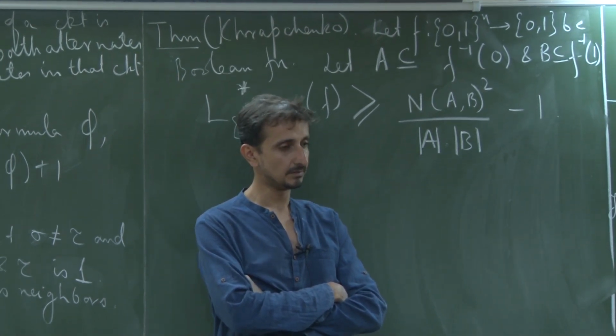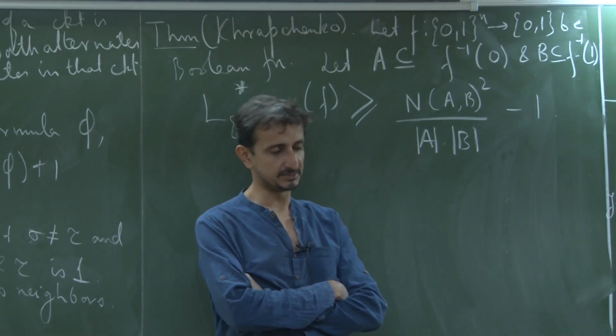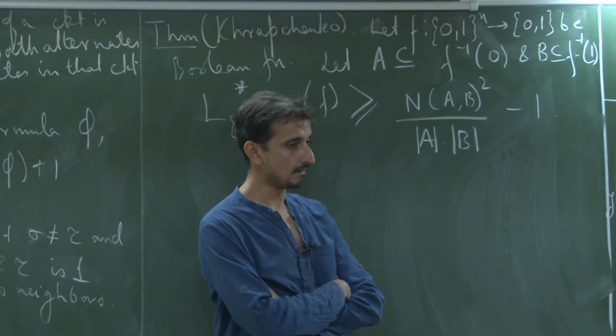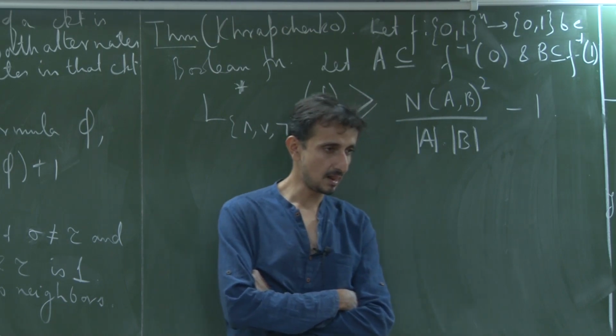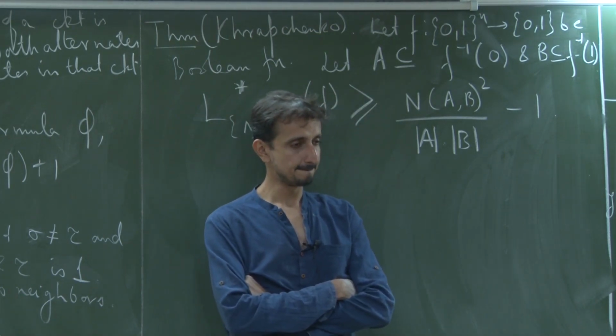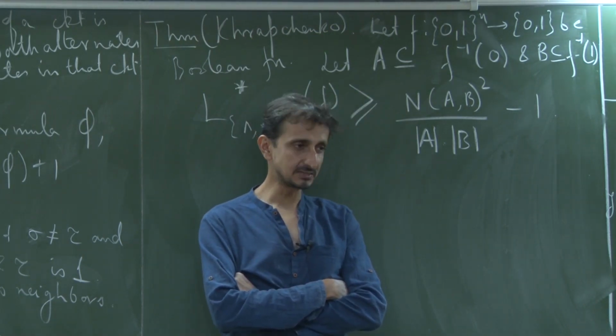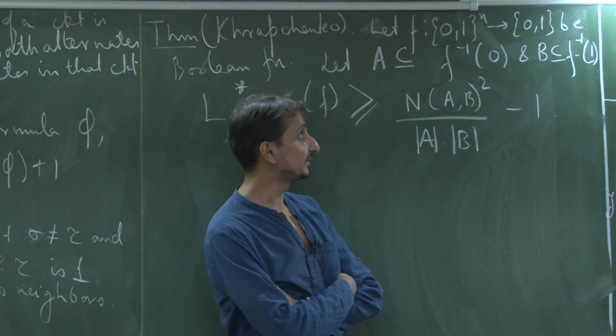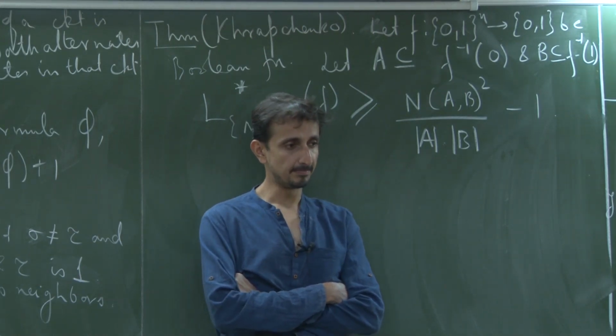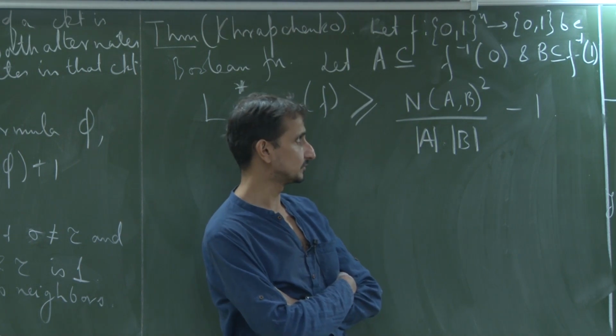It is not equal, it is a subset. It can be any subset. For all subsets this is true. That is why it is a much stronger result. It is not just for f inverse 0 and f inverse 1, but any subset.